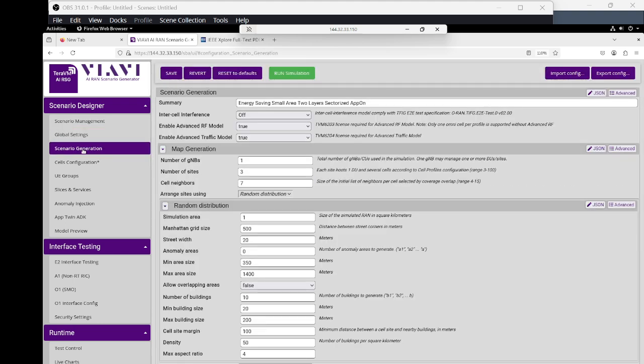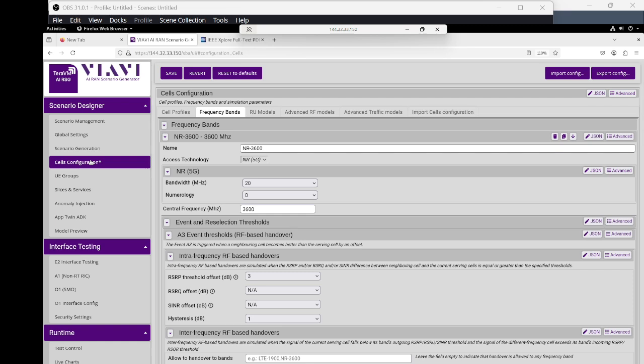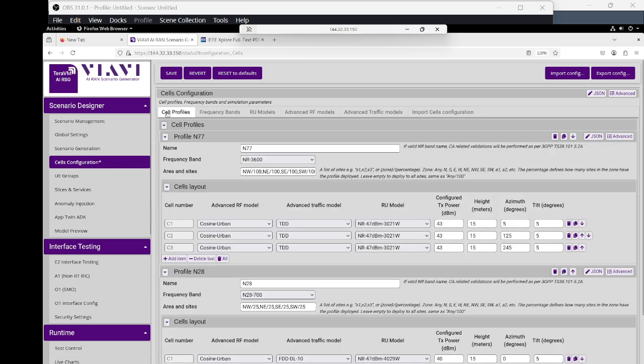All the cells that have been used here are New Radio, and the bandwidth is 20 megahertz with numerology of 0, and other configurations can be seen here.